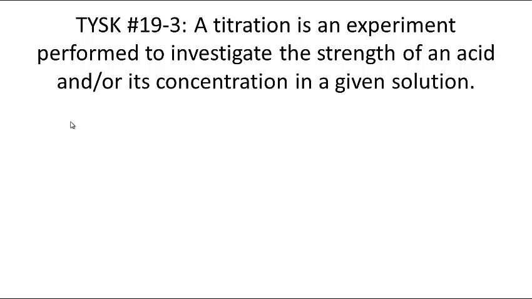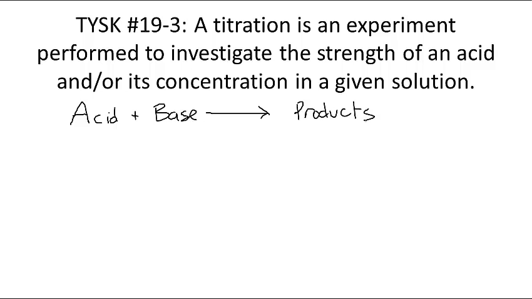In general, the idea is this. You have an acid plus a base reaction, and you do a reaction where the products don't really matter. But the key to titration is that you know the concentration of one of them and you don't know the concentration of the other.